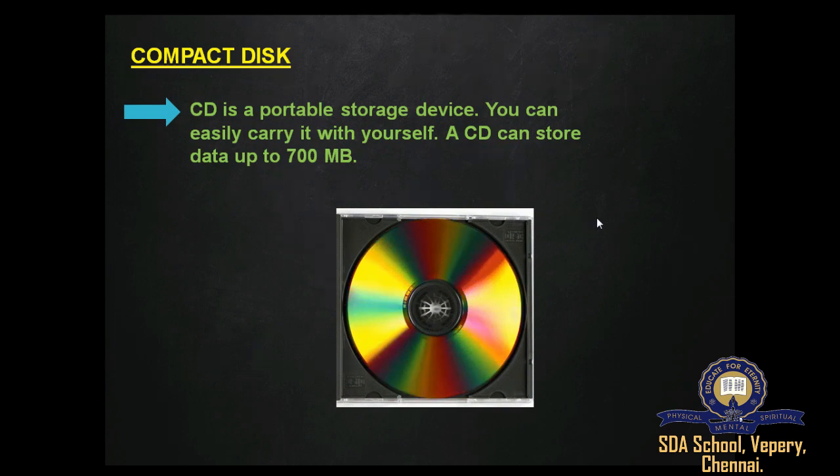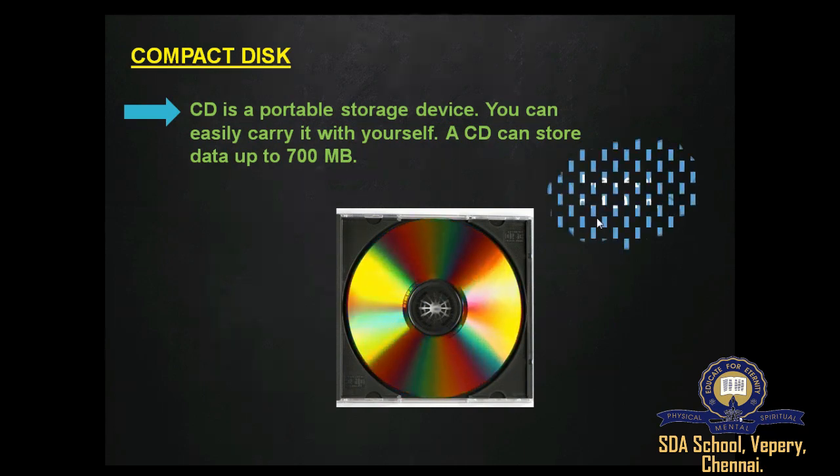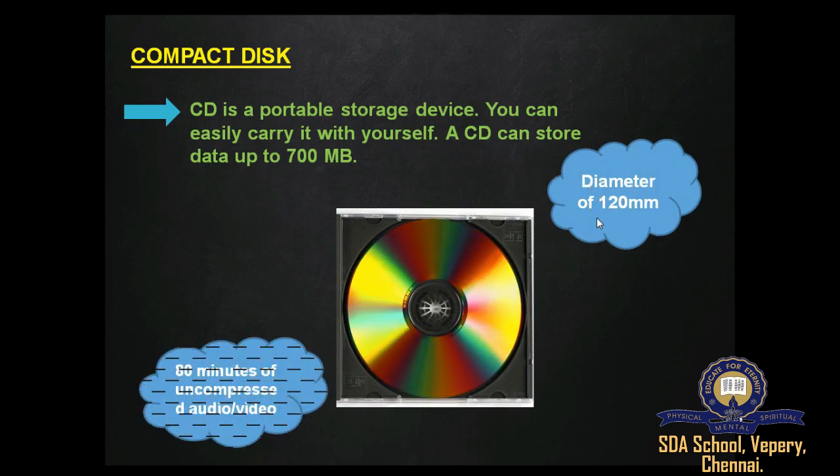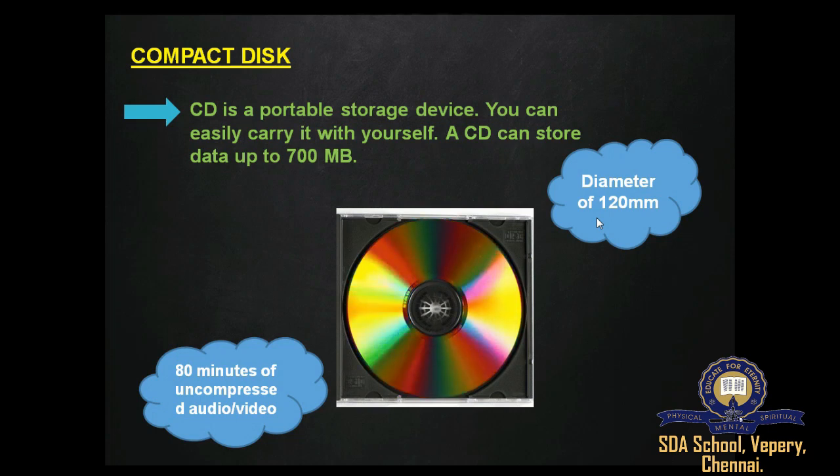It is used for electronic recording, storing and playing back of audio, video, text and other information in a digital form. The standard CDs have a diameter of 120 mm and can hold up to 80 minutes of uncompressed audio or video.